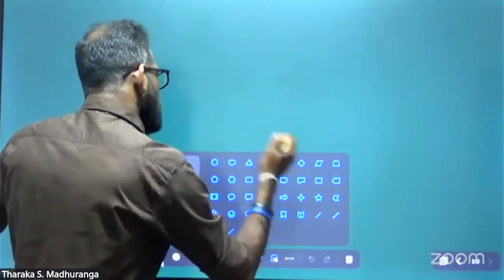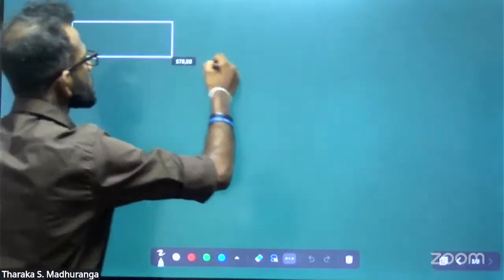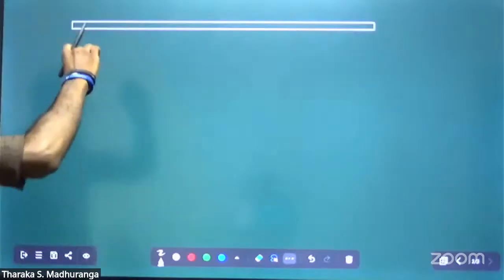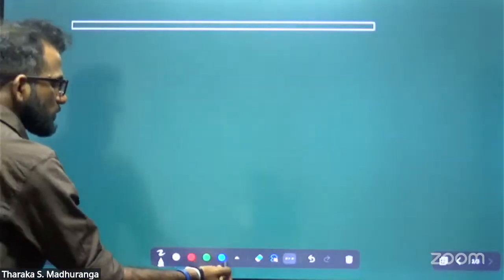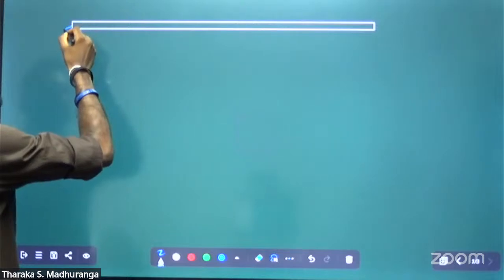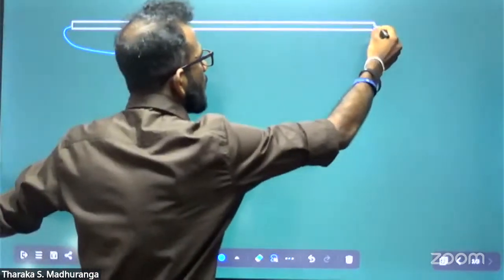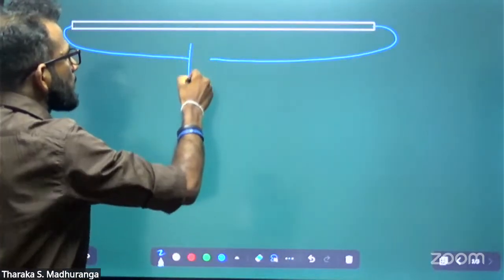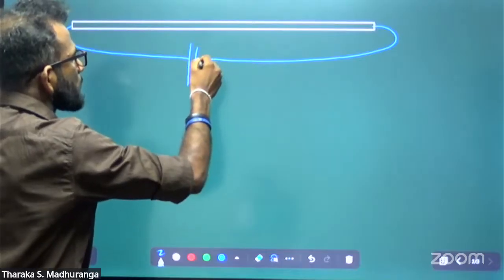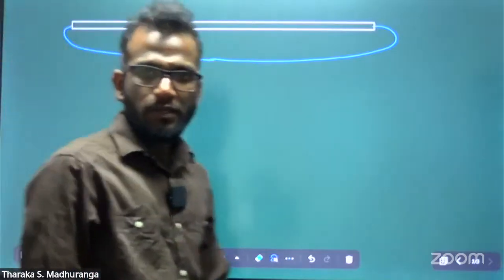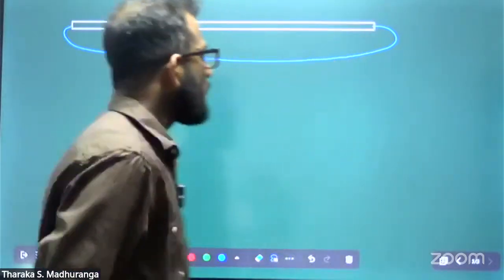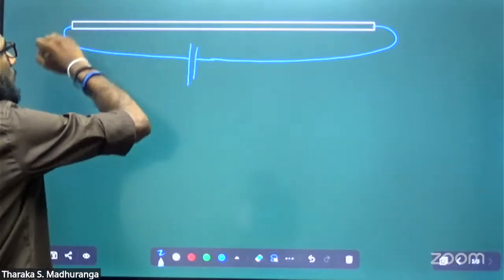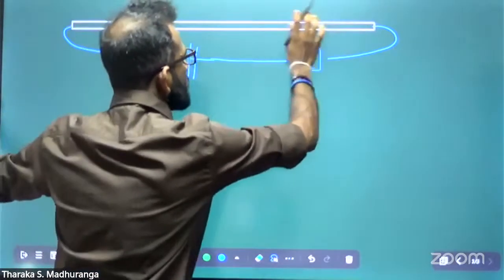Now think this is an electric conductor, an electric wire. Now I connect it with a battery, and we connect an ammeter here.